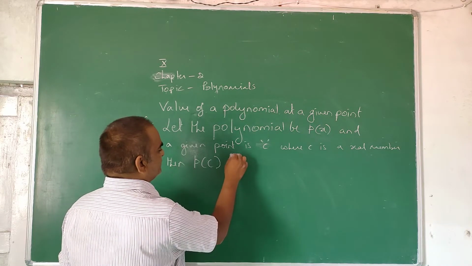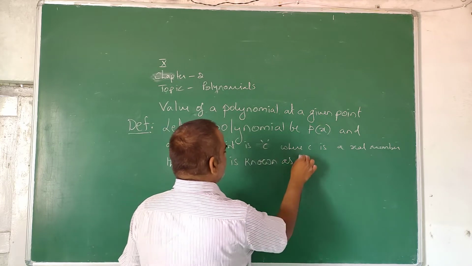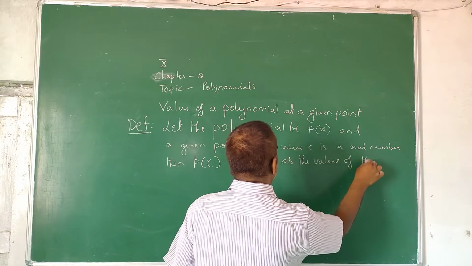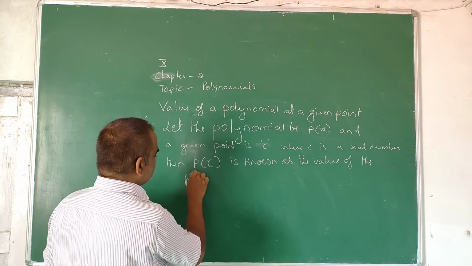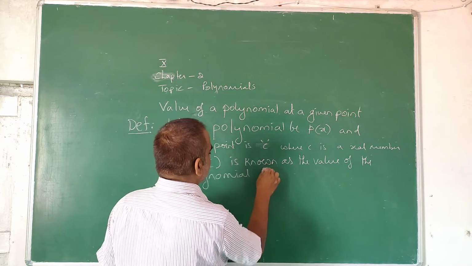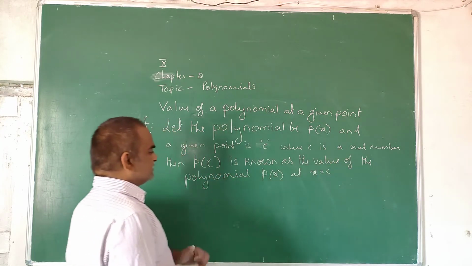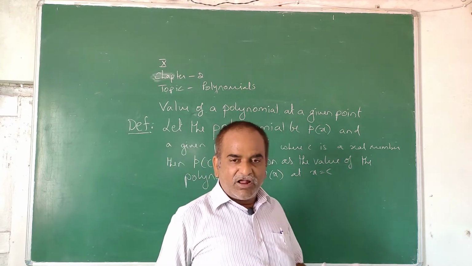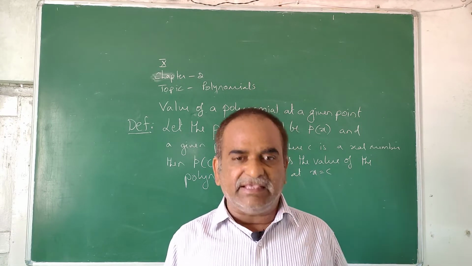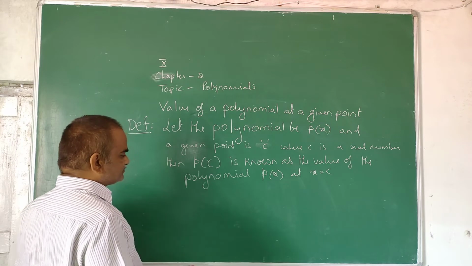So p of c is known as the value of the polynomial p of x at x is equal to c. So I'll give an example so that you will understand very well.